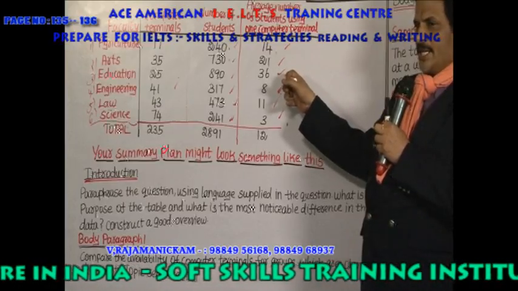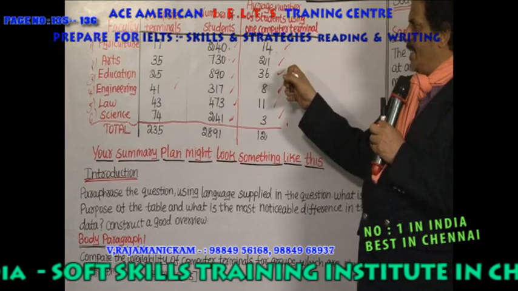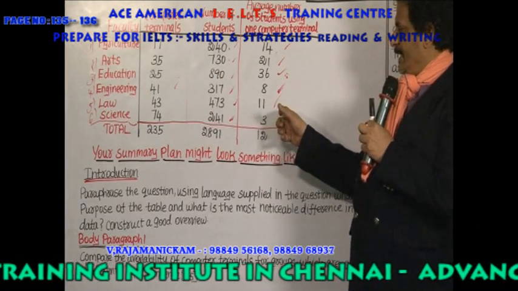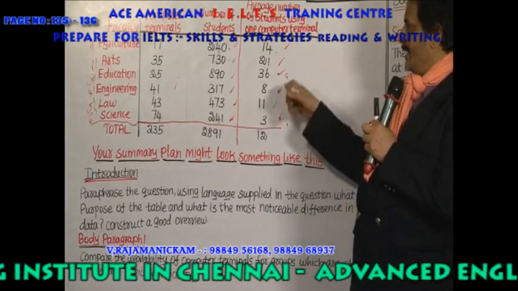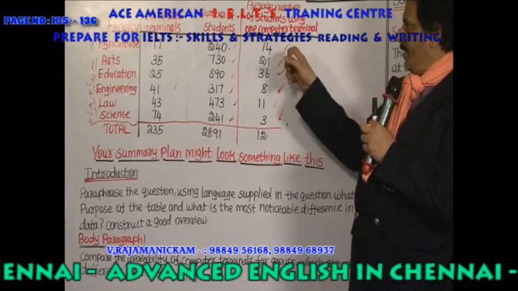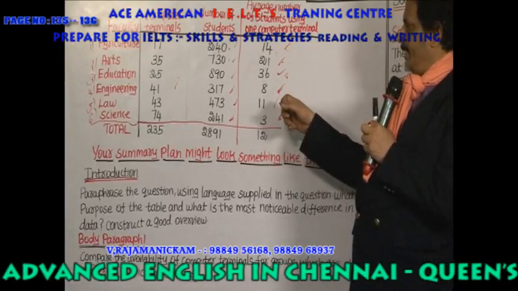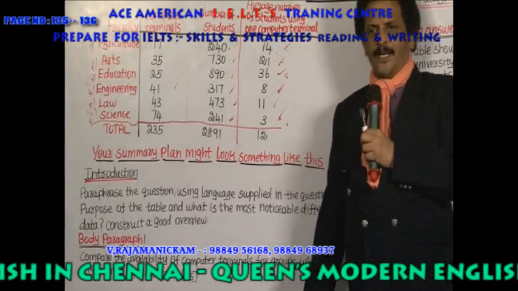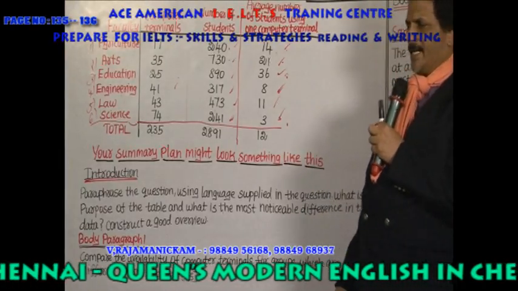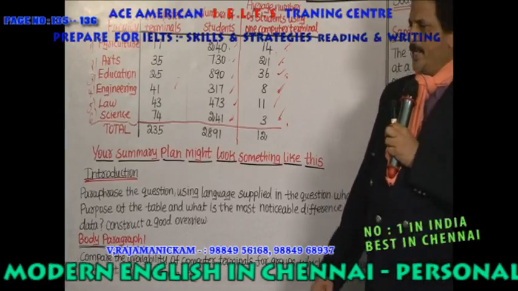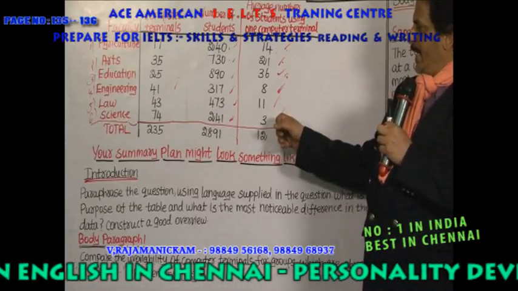So in the Departments of Education, Arts, Agriculture and Law, you find the proportion, that is, one computer is used by how many students. In science and engineering, there are fewer students per computer. This is beneficial for the students, right? Able to understand the concept over here?